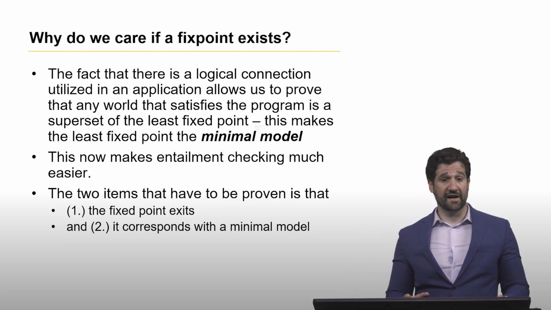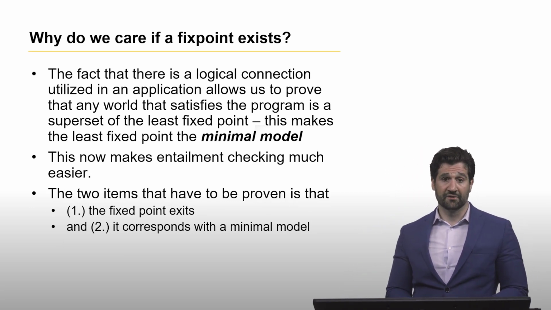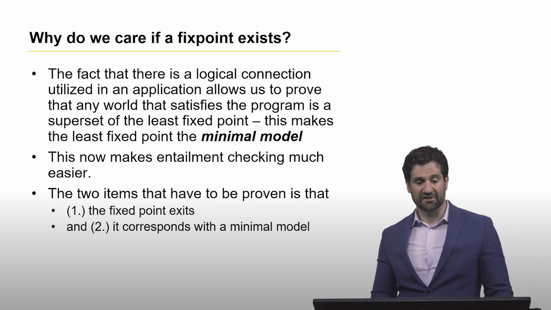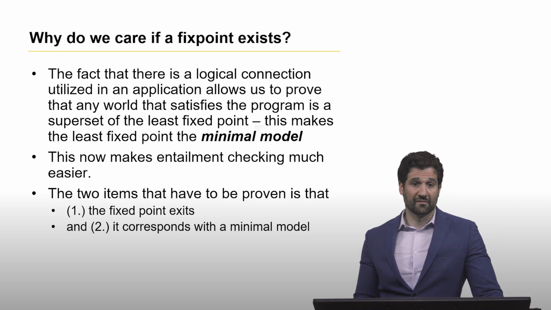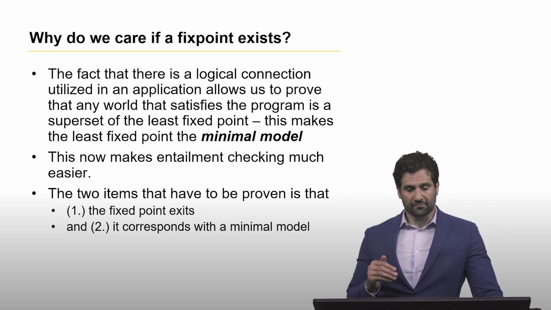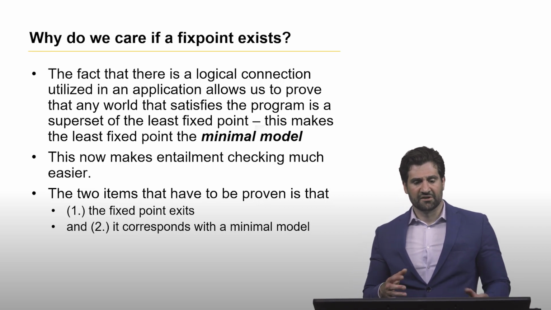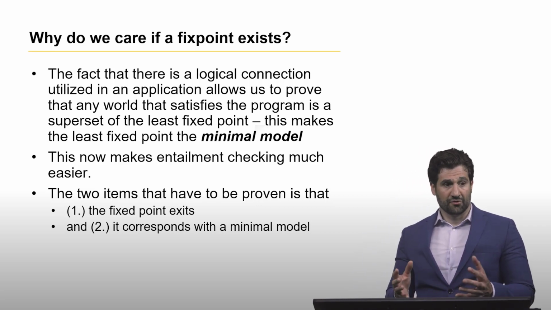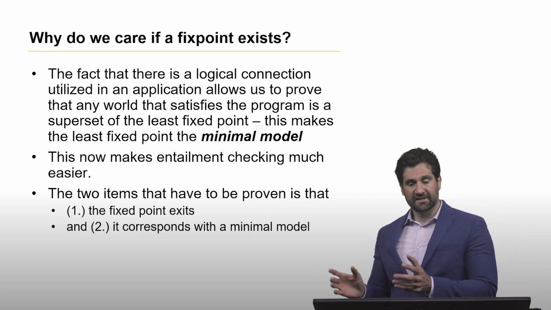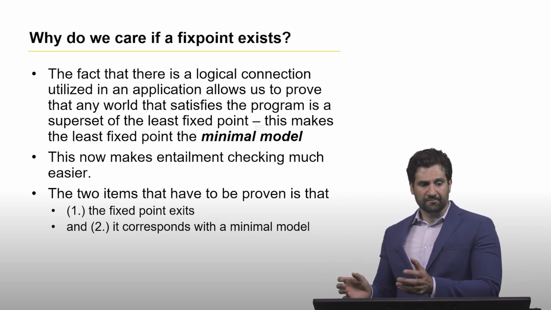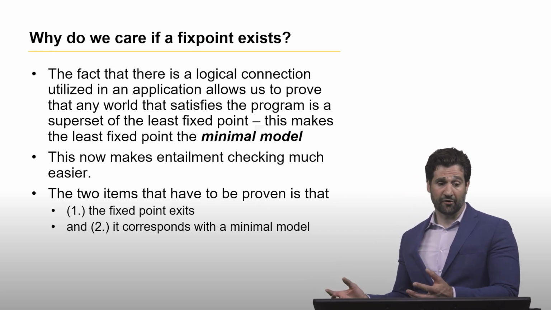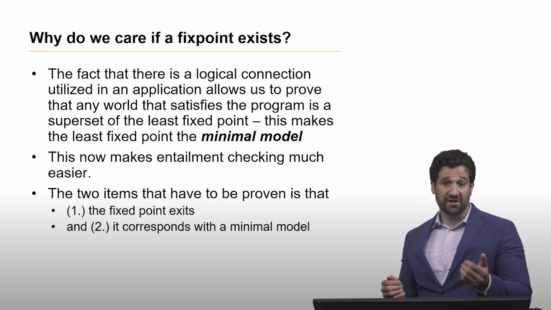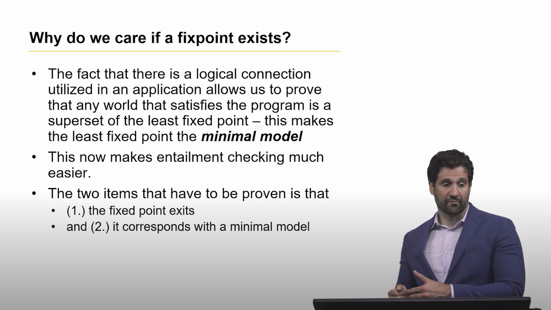And so it turns out that the fixed point, if it exists, corresponds with the minimal model. We know this because we can prove that for anything in the result of the fixed point operator, there has to be a chain of rules to get you there.